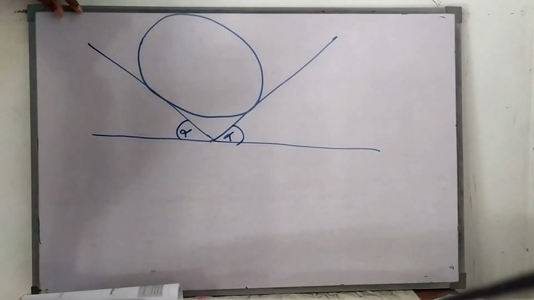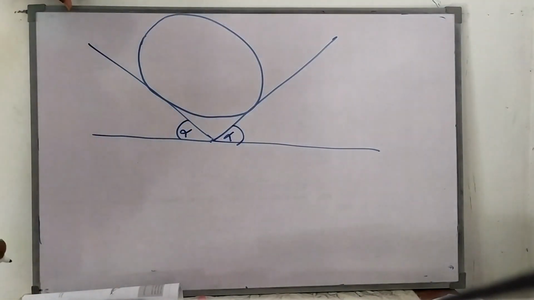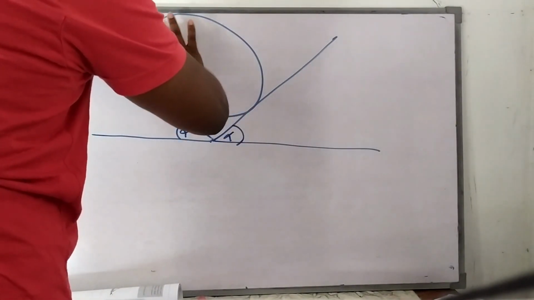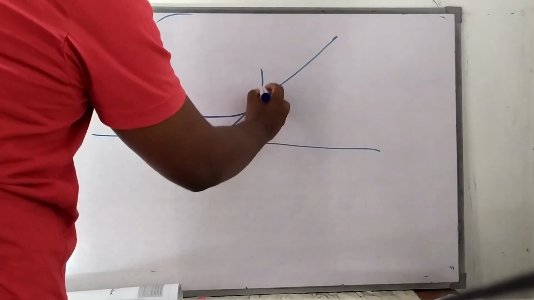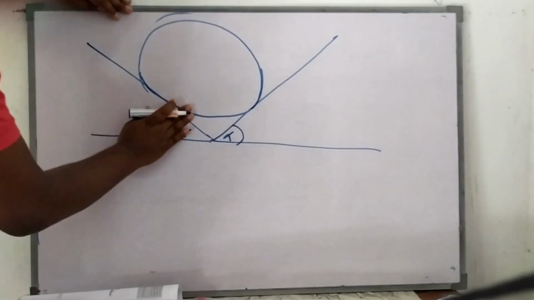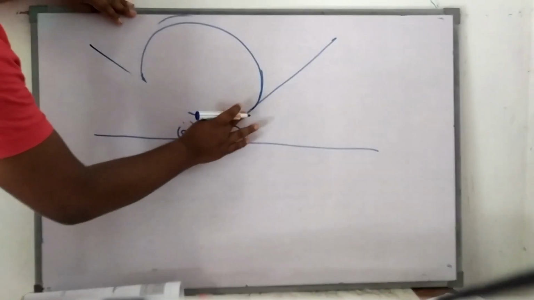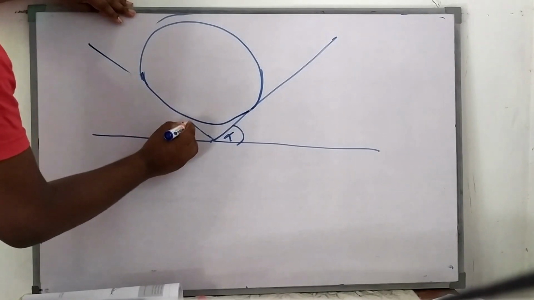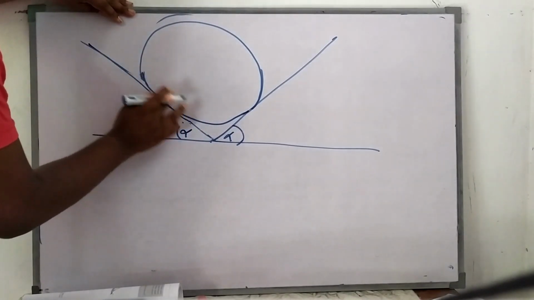Okay, this is my cylinder. So the cylinder rests on the two inclined planes, right? The inclined planes make the same angle alpha. So obviously it should be symmetric about the vertical line through the origin.